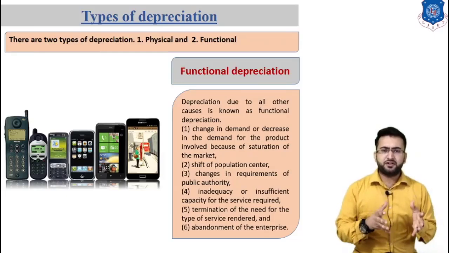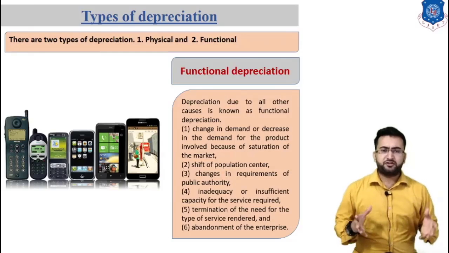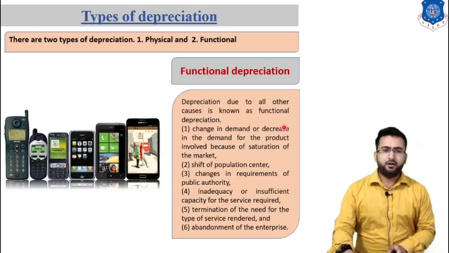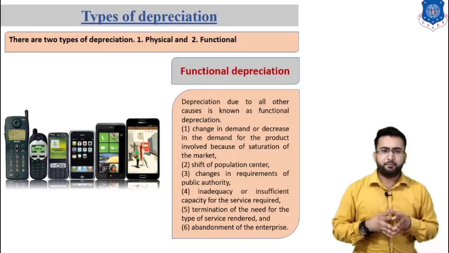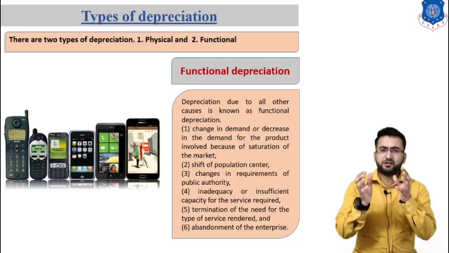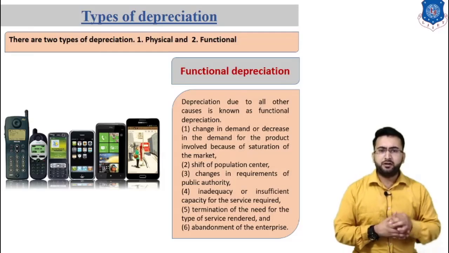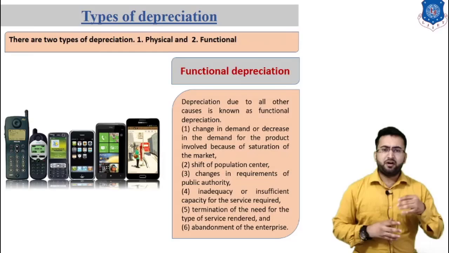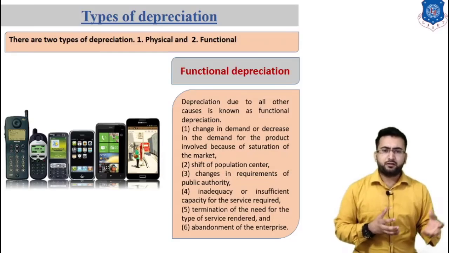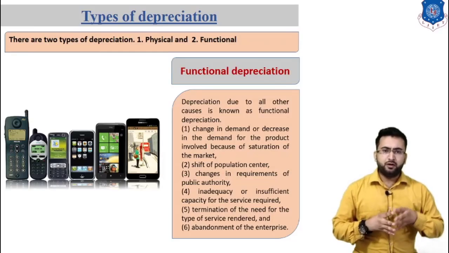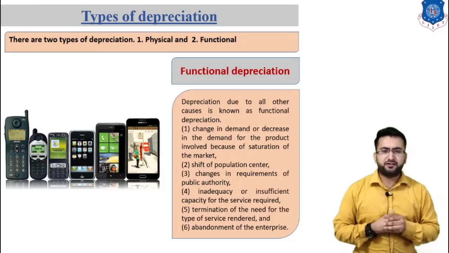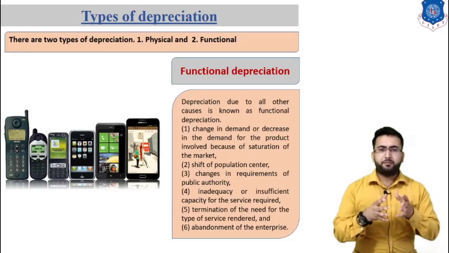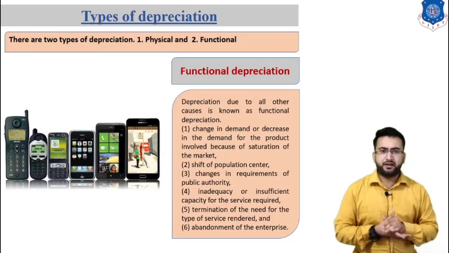There are various reasons for functional depreciation, such as a change in demand or decrease in demand of any product. If there is a change in the price of any product due to a change or decrease in demand for the product, then that type of depreciation is known as functional depreciation. A change in product price due to a shift of population center is also functional depreciation.